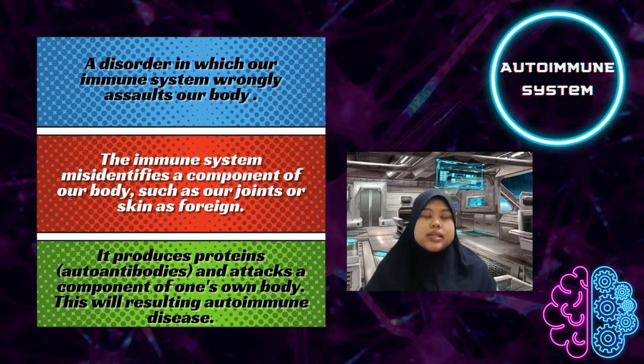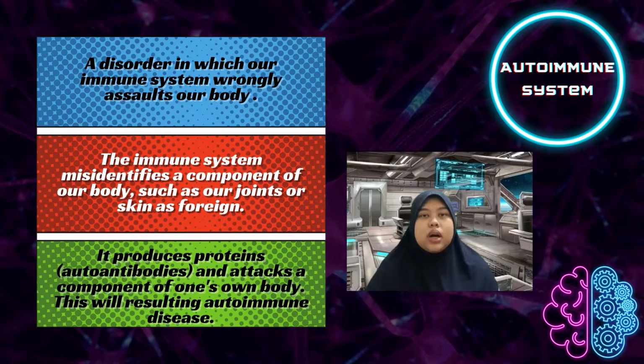Usually, the immune system protects us against pathogens such as bacteria and viruses. When it detects foreign intruders, it dispatches an army of fighter cells to battle them. Typically, our immune system can distinguish between foreign and native cells.